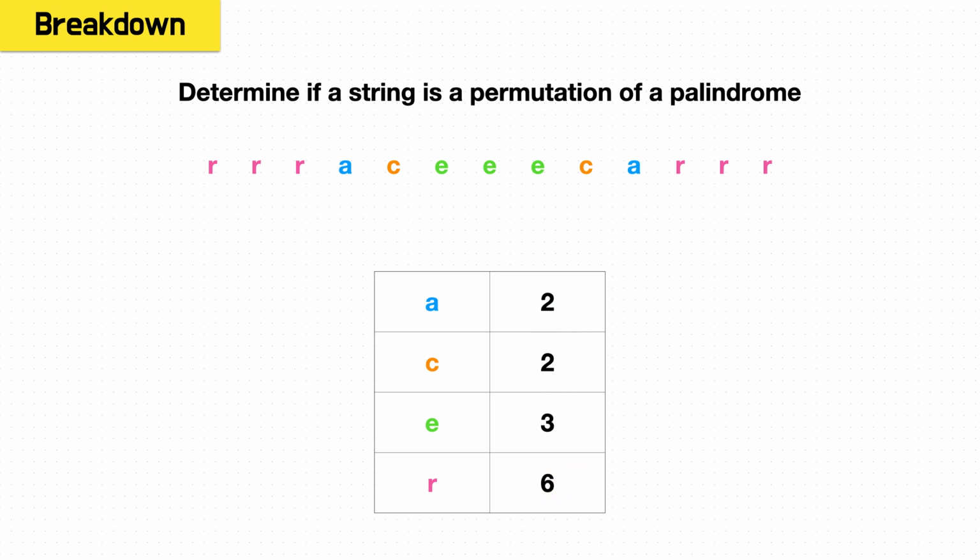So then the question is, how do we store these character counts? And to do this, we can use a hash table. We're going to add a data structure where the keys are the characters in the string, and then the values will just be the count of each.